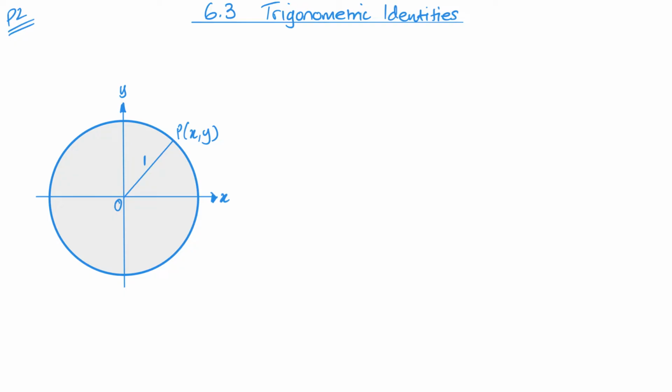Hopefully you've seen that video and you can remember that x was equal to cos theta, y was equal to sine theta, and of course tan theta was the gradient, so it was y divided by x. So if you remember those from a couple of videos ago.